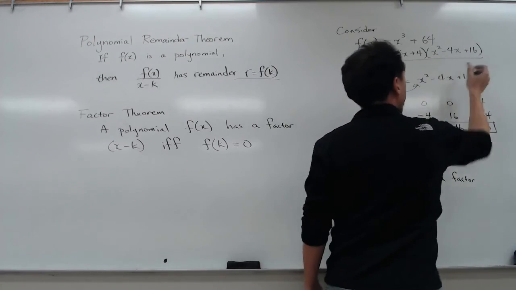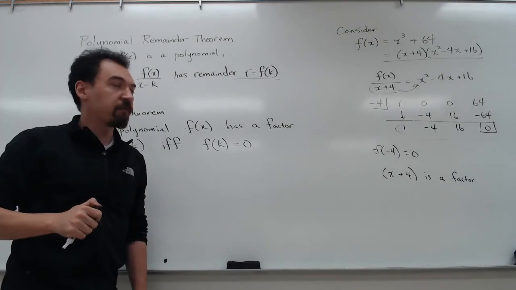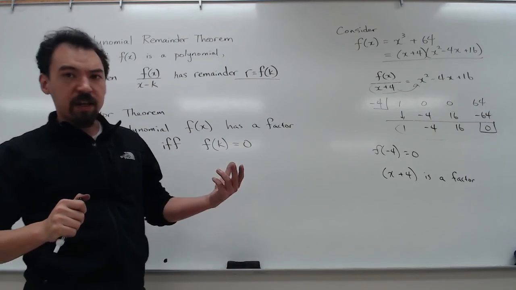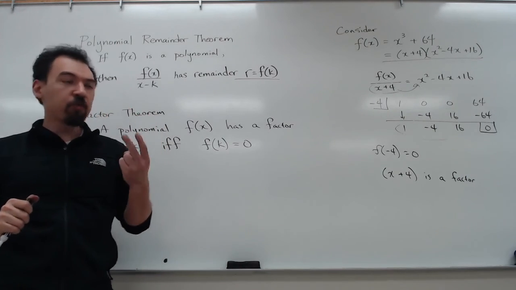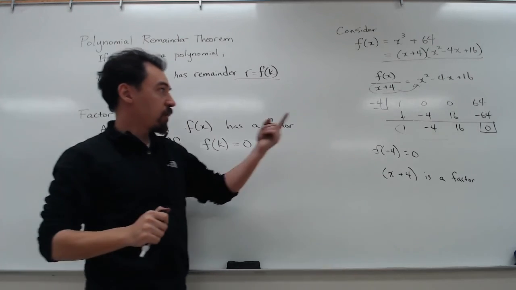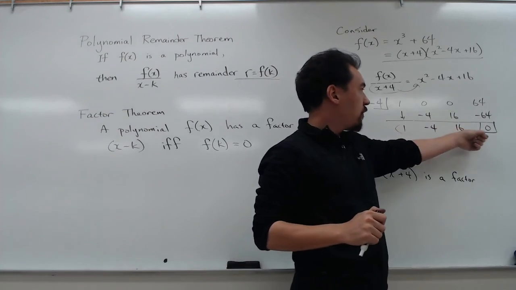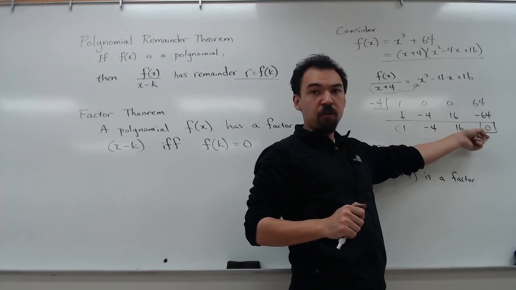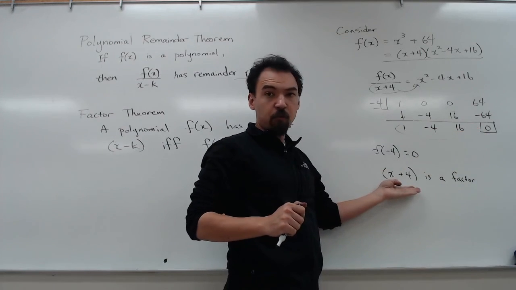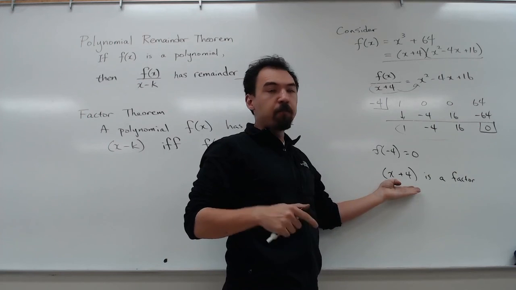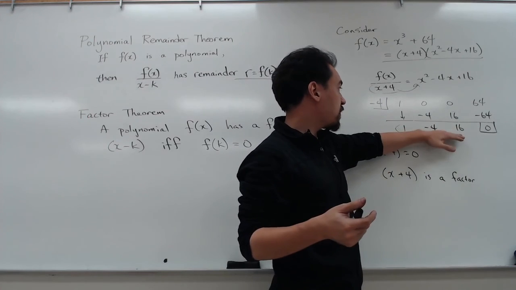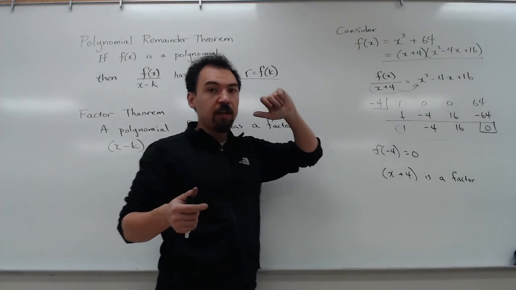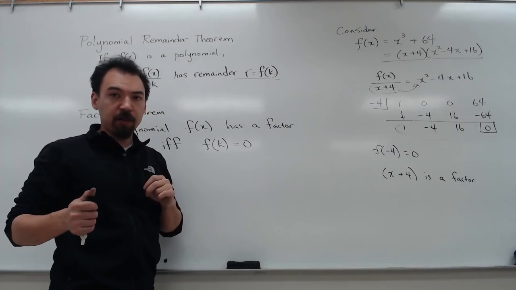And this is the factorization of f of x. So what we realize at this stage is synthetic division now has two roles. One role is to find a number k that'll give you a remainder of 0, which will then detect what the factor should be. But it also gives you the quotient, which tells you the other part of the factorization. So it gets you both at the same time.